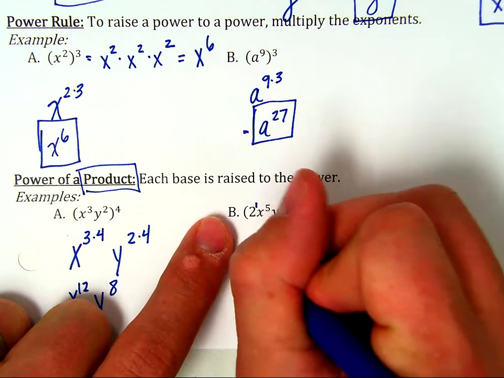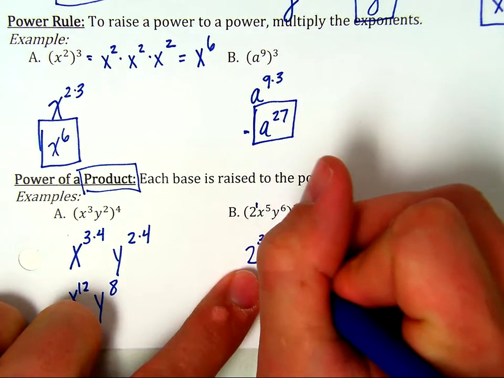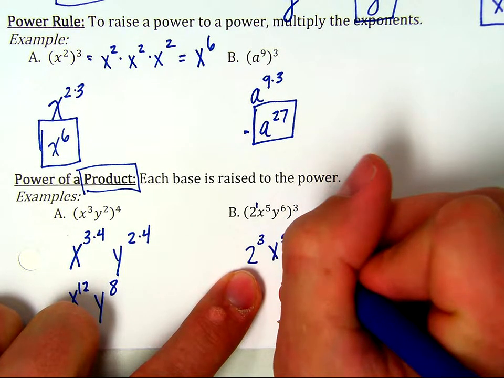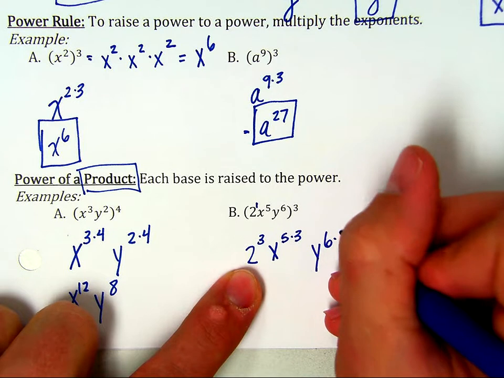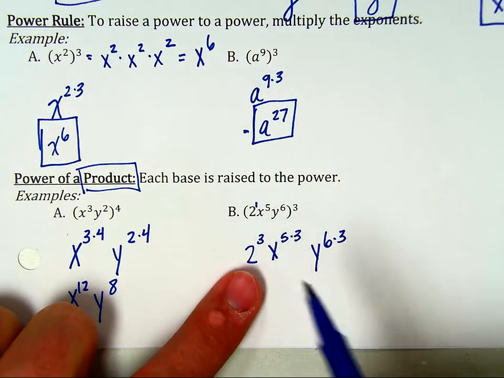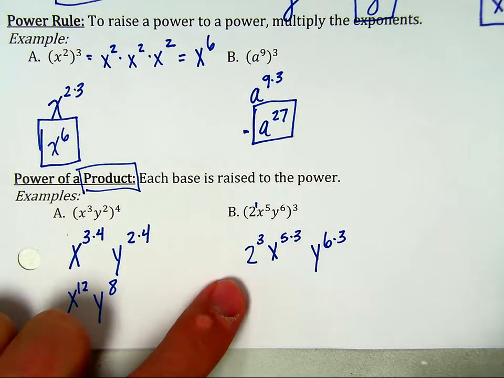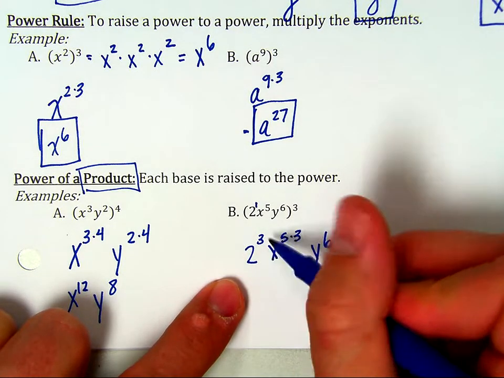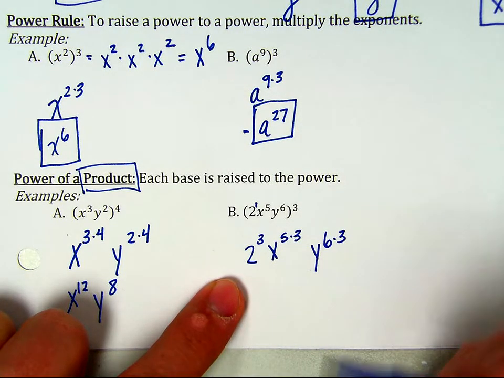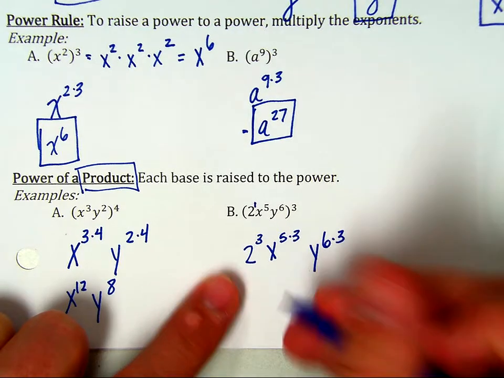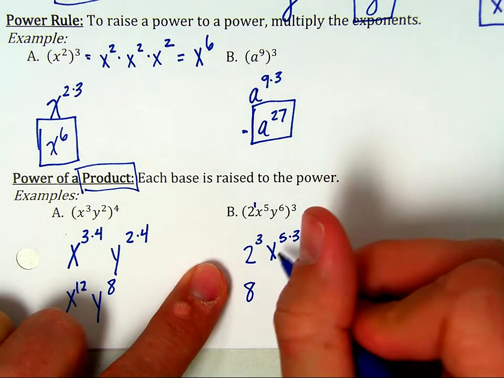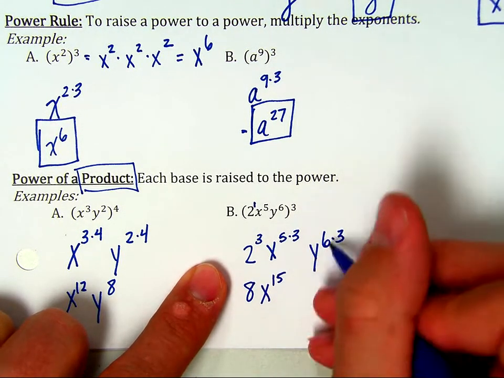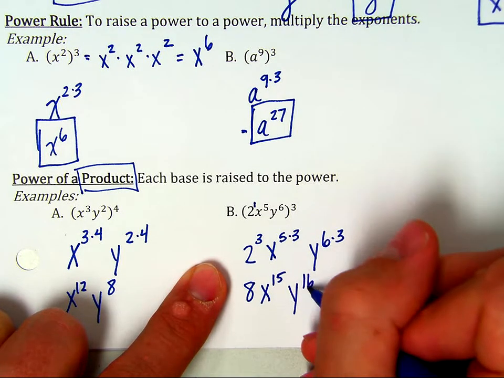So we're going to say 2 to the 3rd, x to the 5th times 3, y to the 6th times 3. We take the 3 to all of those, even if it is just a number. Then when I simplify, we identify what 2 to the third is. Remember that's 2 times 2 times 2, which is 8. X to the 15th, y to the 18th.